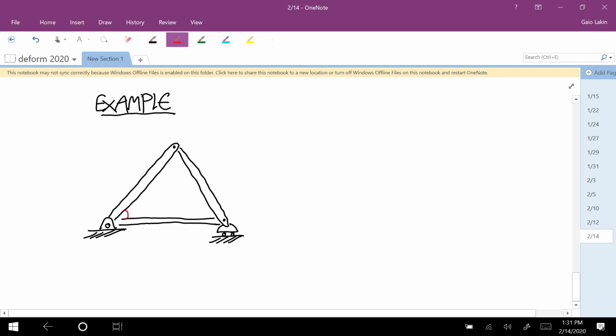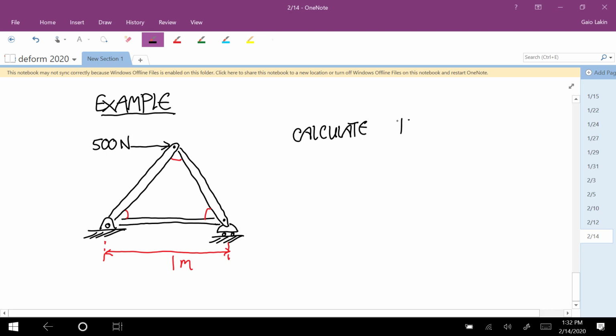And we know that all these angles are 60 degrees. And we know that the length of each member is 1 meter. And the only externally applied load is 500 newtons that way. So we want to calculate the tension or compression in each of these members.